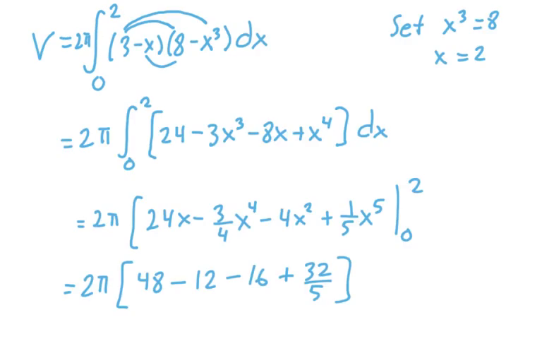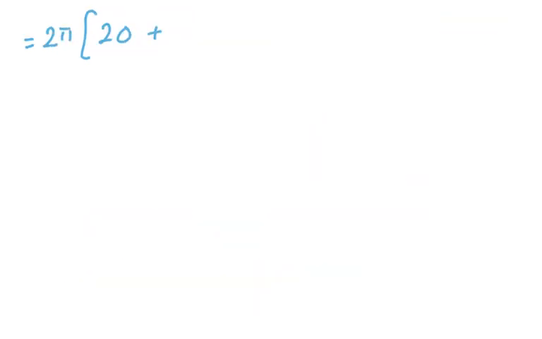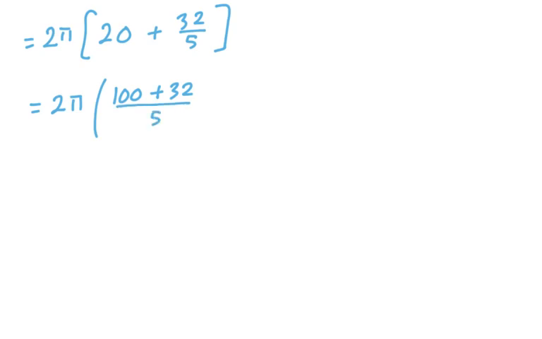So this is equal to 2 pi times 20 plus 32 over 5, which is 2 pi times 100 plus 32 divided by 5.